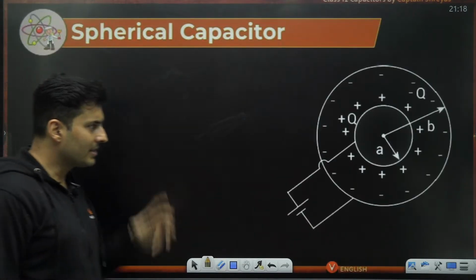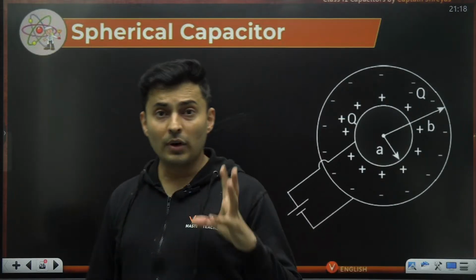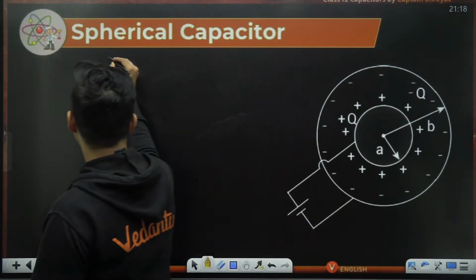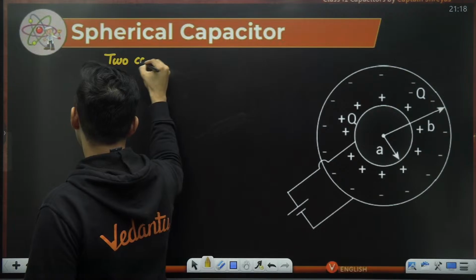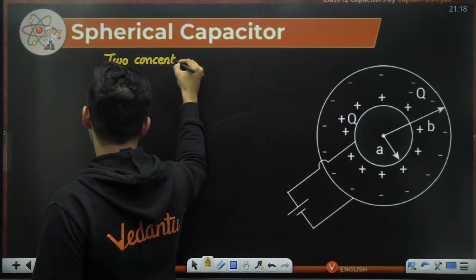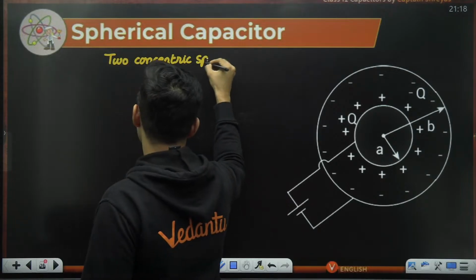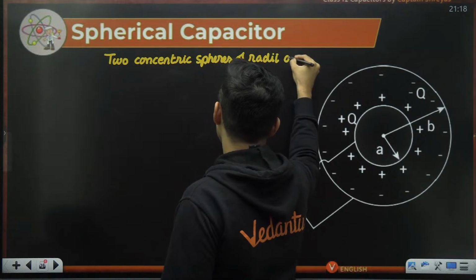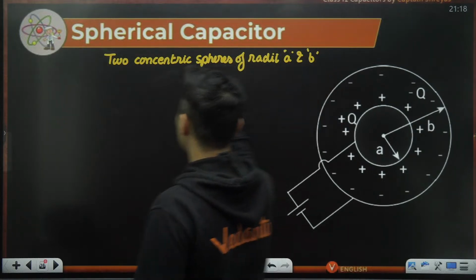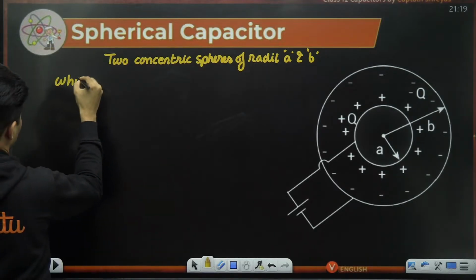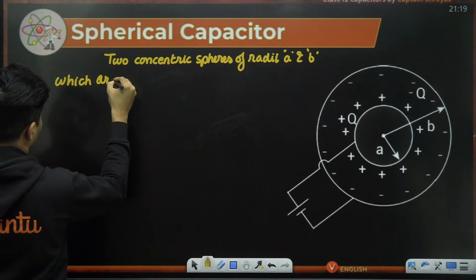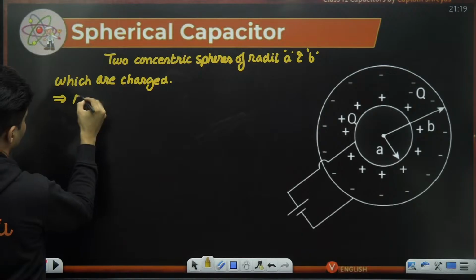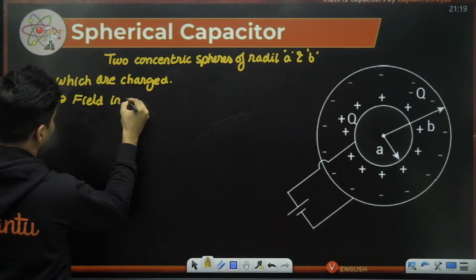The last type is the spherical type of capacitor. For a spherical capacitor, you have two concentric spheres of radii A and B, which are charged, and because of that, there is a field inside.